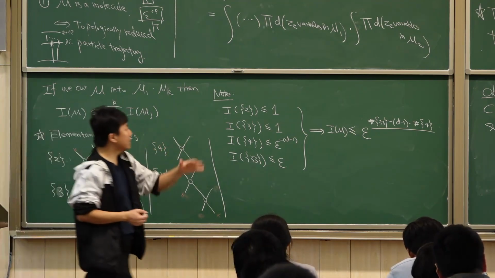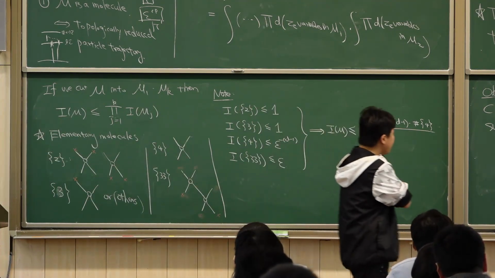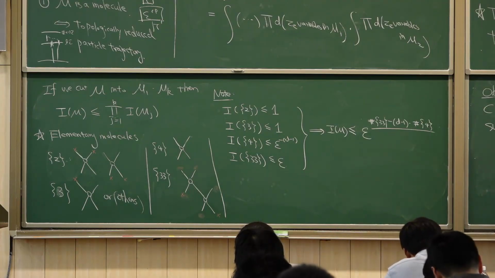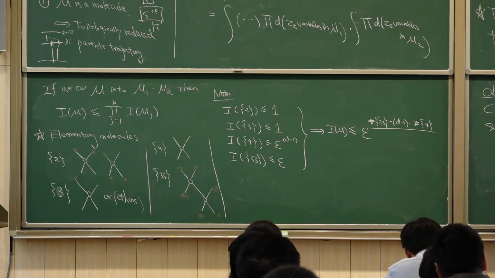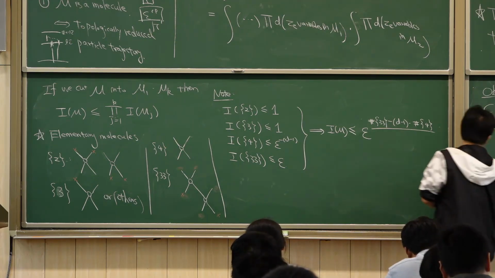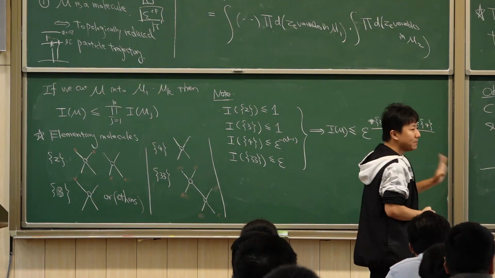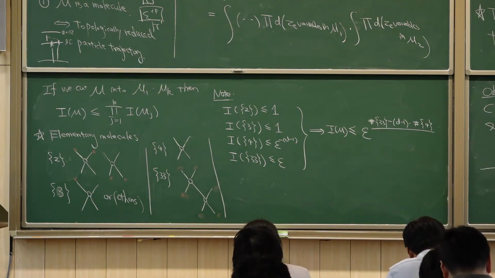Okay, so this is our objective, and for the rest of today and tomorrow, we'll be focused on completing this. Basically, there are 3 things we need to do. Let's keep in mind this, just heuristically.